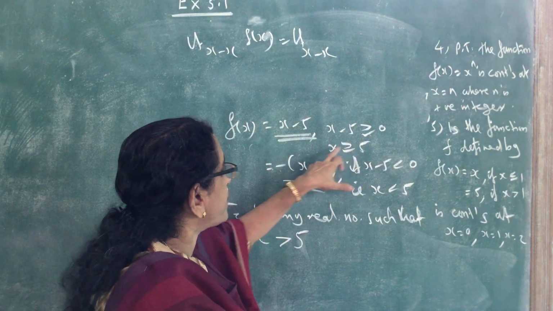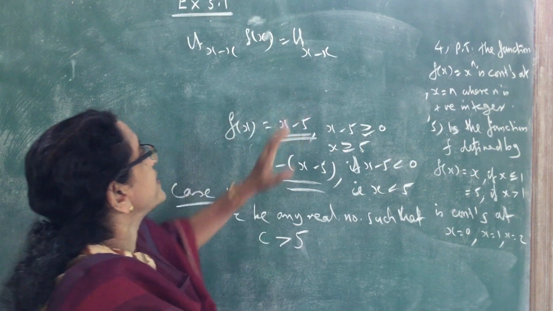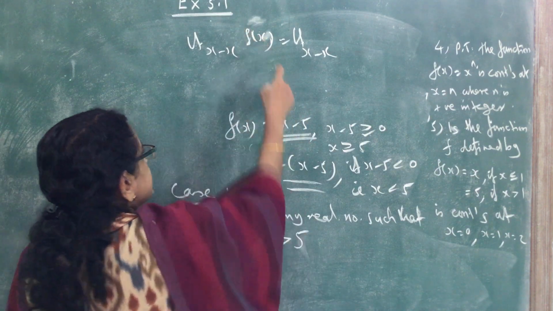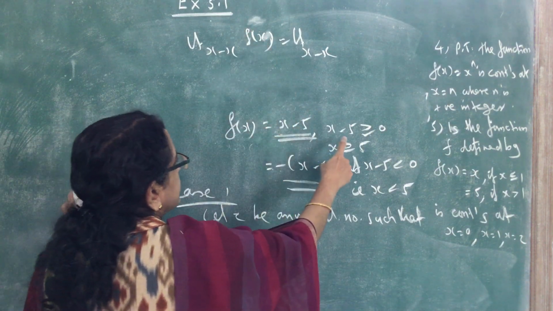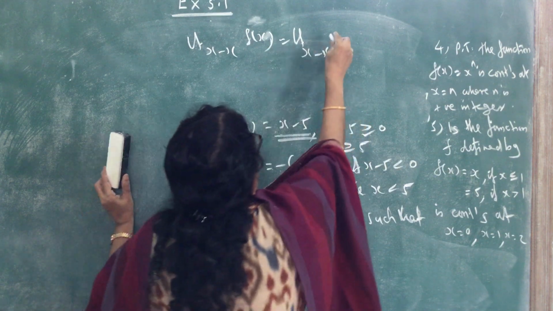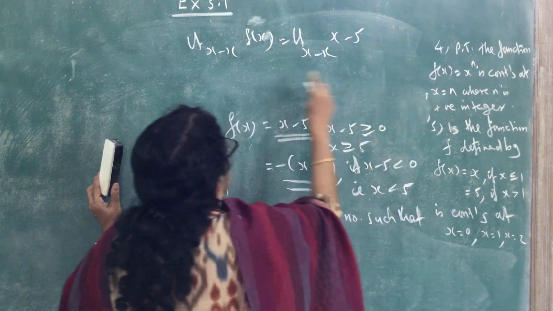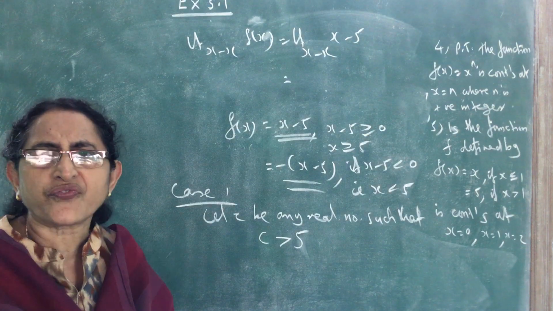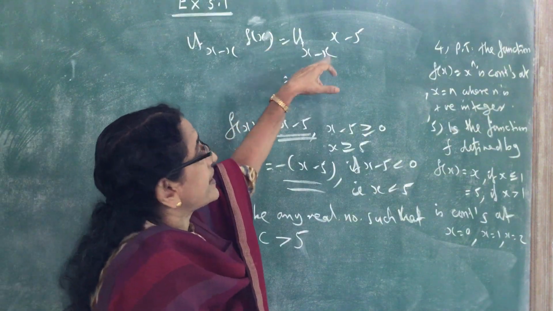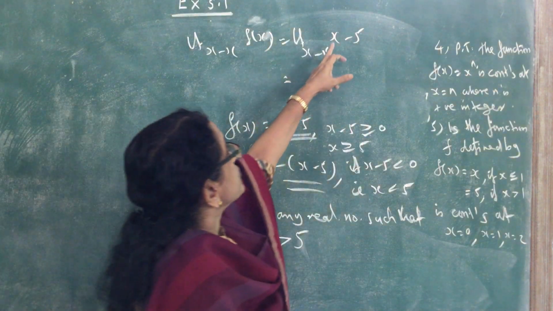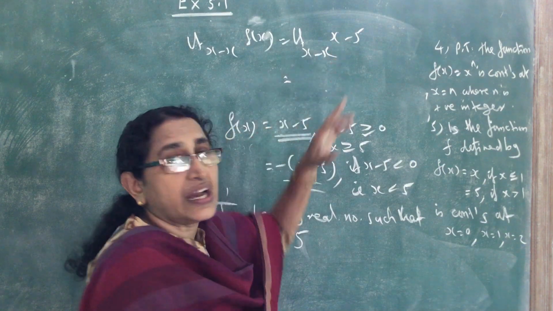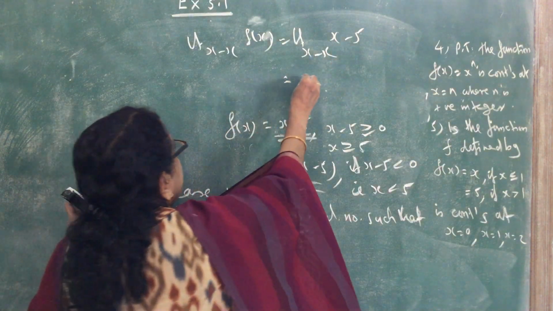The value of the function is x minus 5. So f of x is x minus 5 when x is greater than 5. So here we have to write x minus 5. Now we want to find limit x tends to c, x minus 5. That means in the place of x we substitute c to find the limit. That is c minus 5.